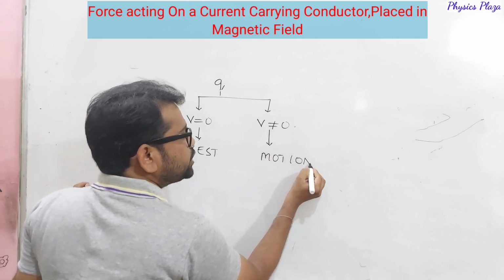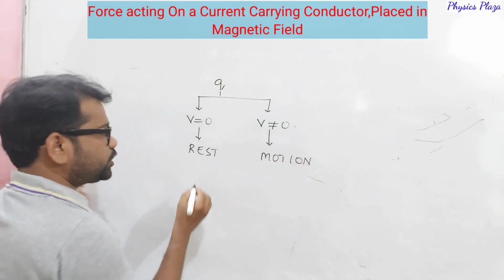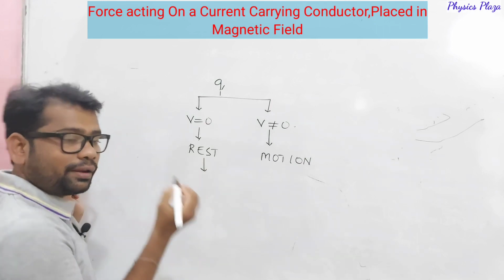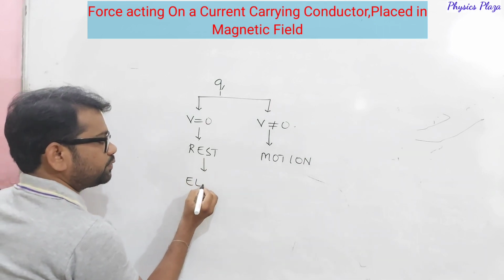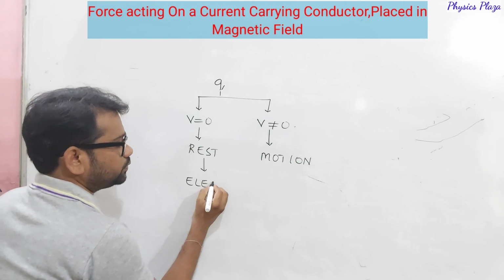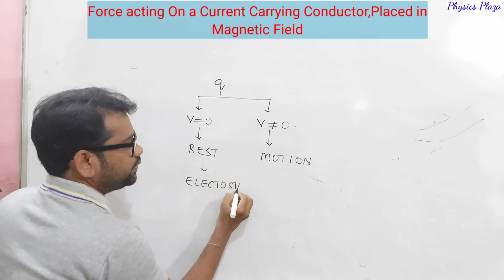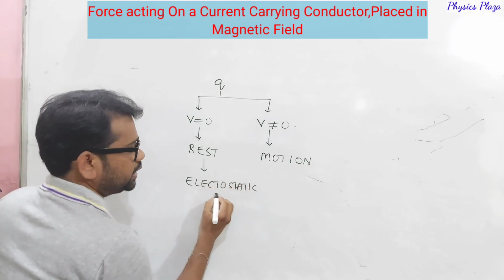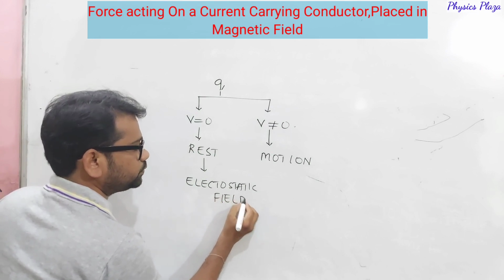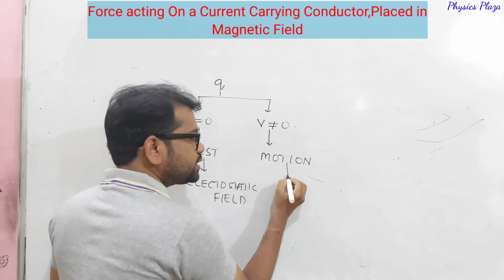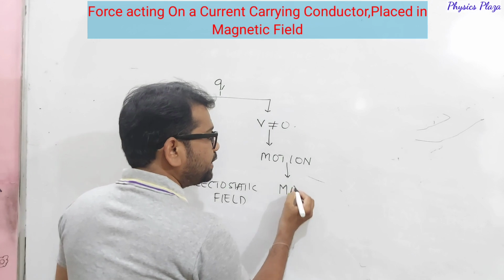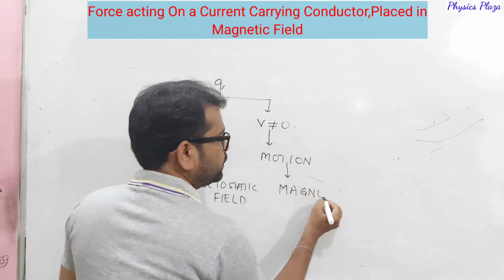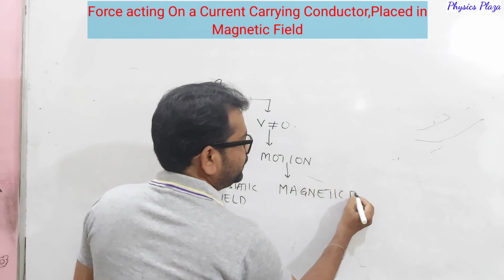What makes the difference, children? It's very important. The charge which is at rest creates an electric field, an electrostatic field, whereas the charge which is in motion creates a magnetic field, children. It's a very important point. First you need to understand this point.